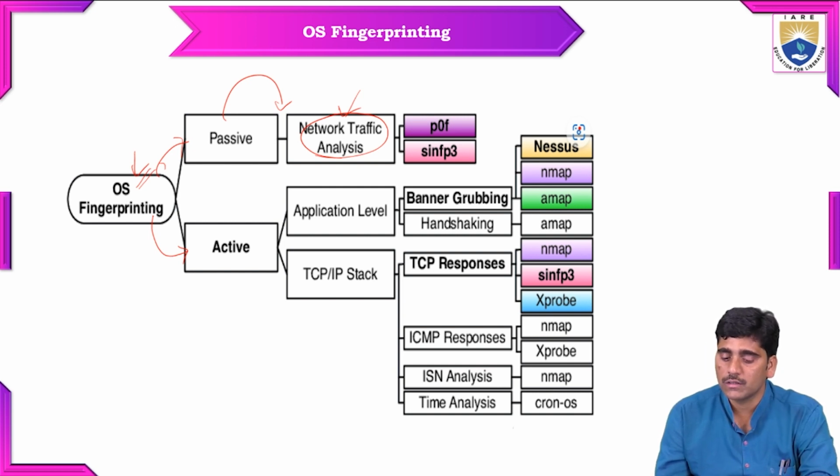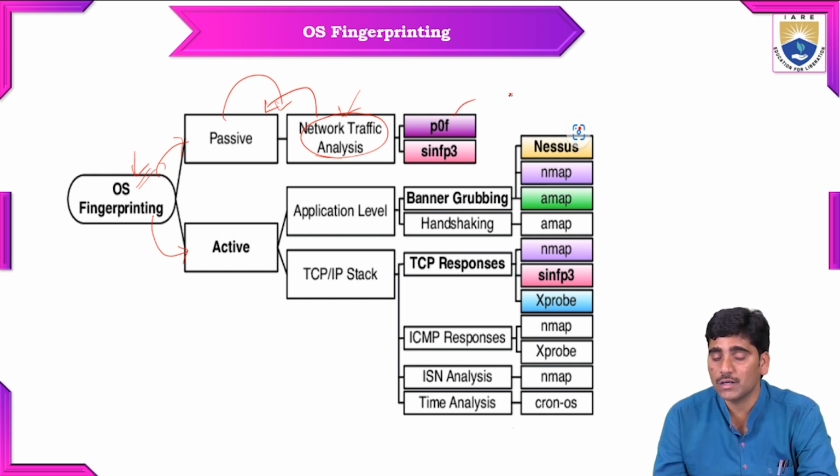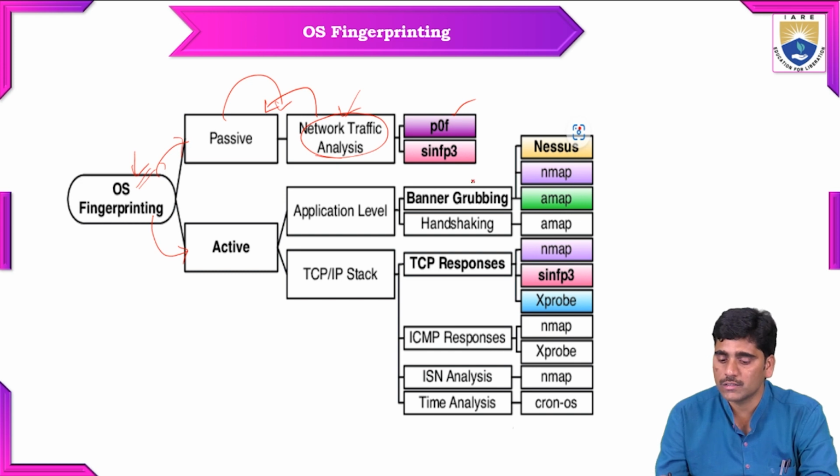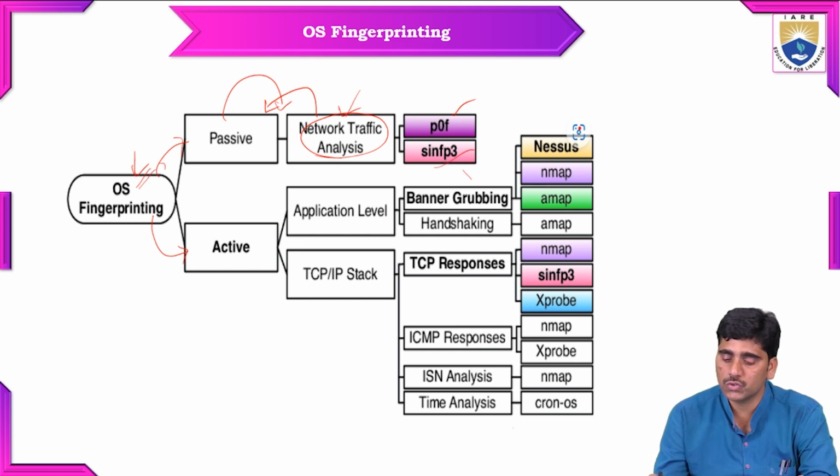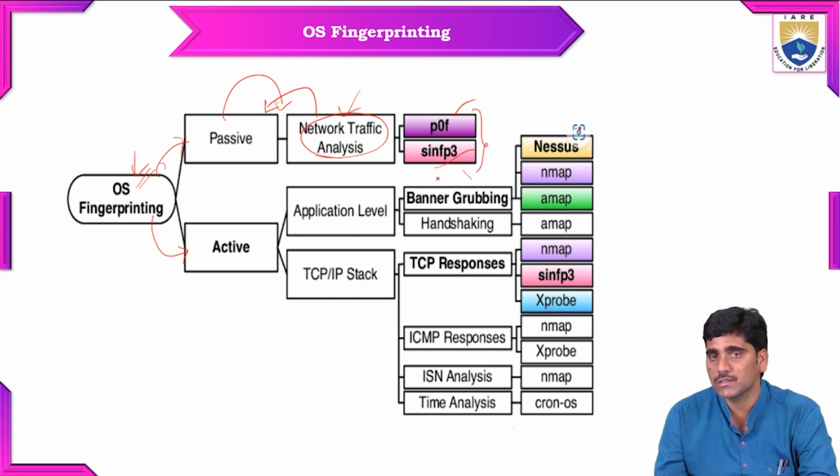So the network traffic analysis process helps find the operating system. p0f is one such tool, and Sniff3 is another; those two tools are implemented for passive OS fingerprinting.